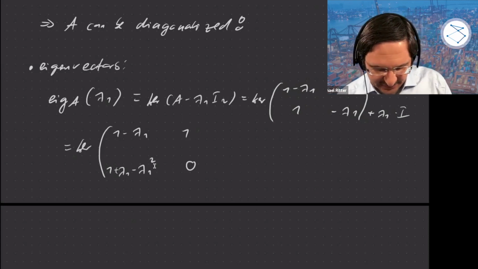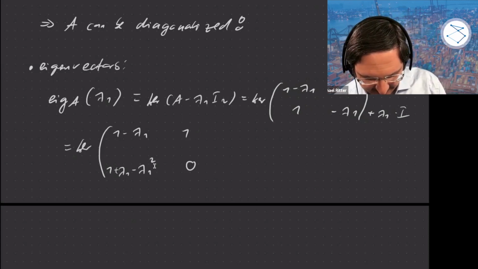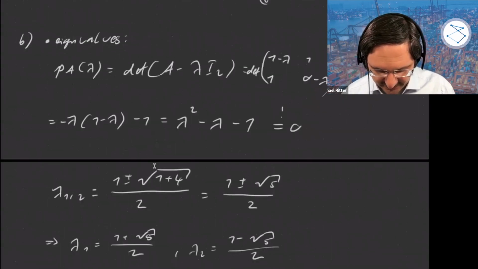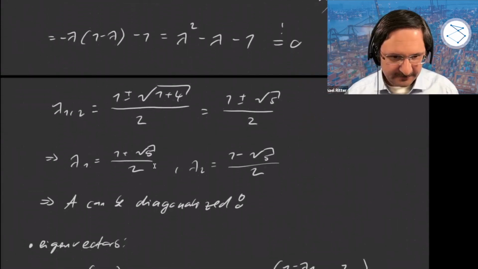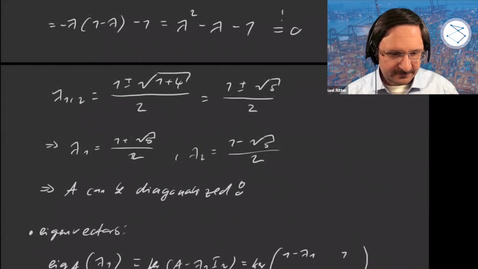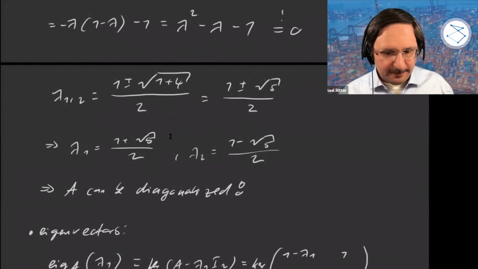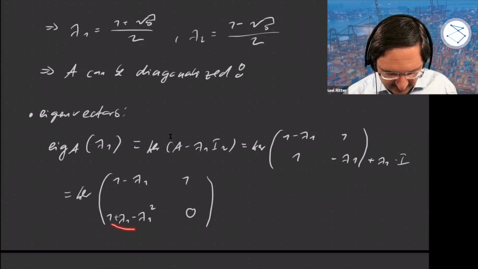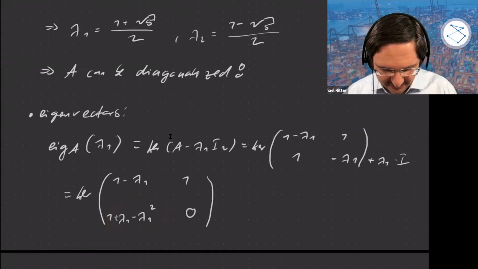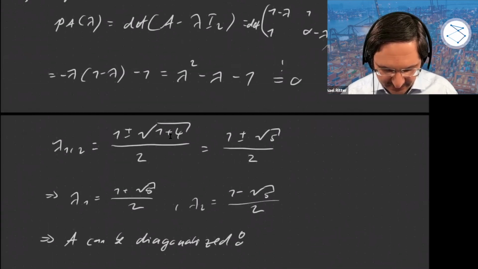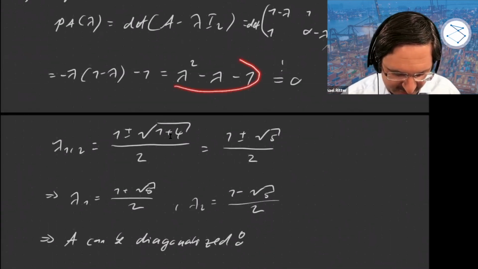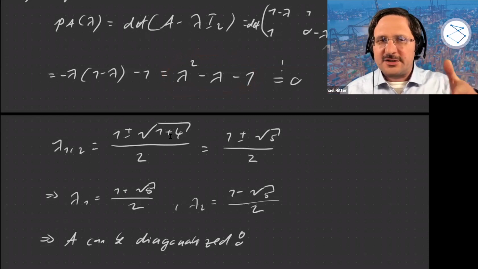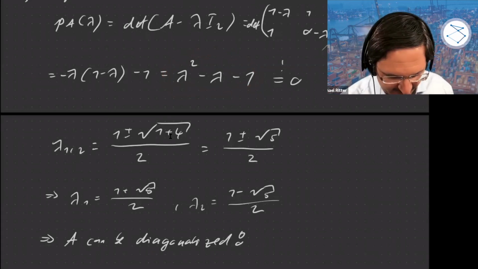Okay, and if you look back at our characteristic polynomial, one plus lambda1 minus lambda1 squared. You notice this is almost the same. I just have to take out a minus sign, right?